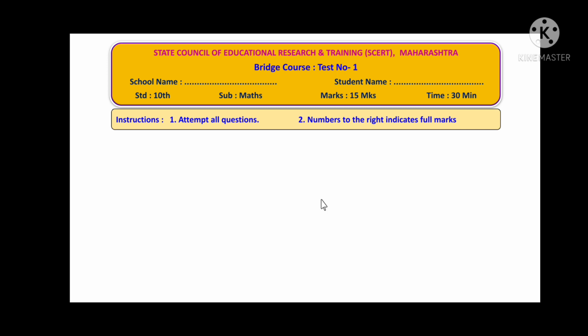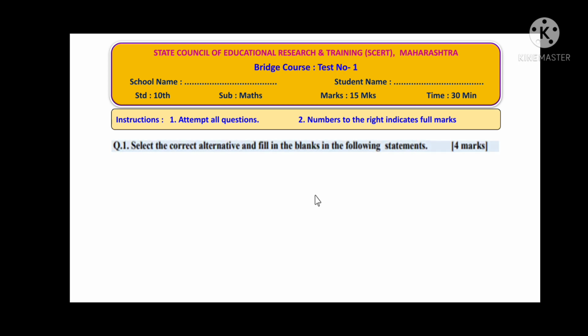Number 1, attempt all questions. Second, numbers to the right indicate the full marks. Here question number 1 is: select the correct alternatives and fill in the blanks in the following statements. 4 marks are there.